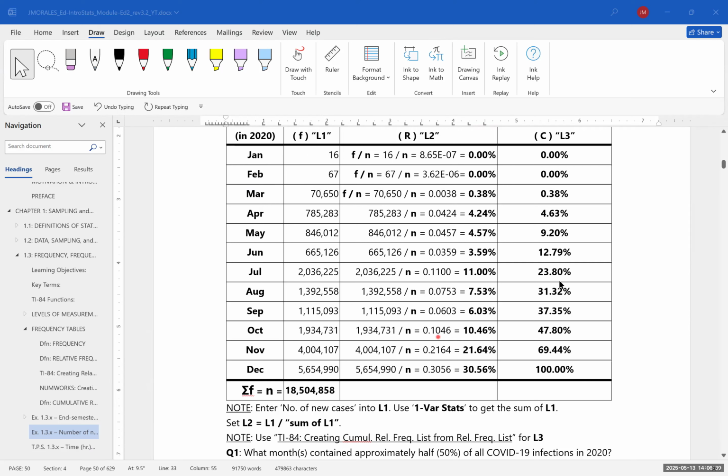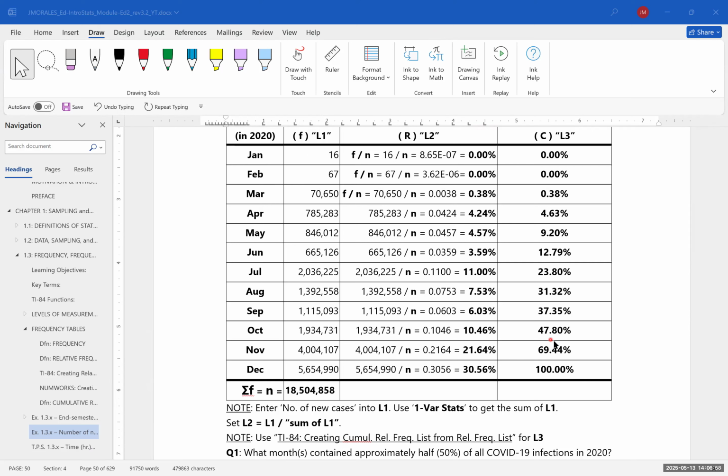We can get that, first of all, by looking at the cumulative relative frequency. As we're going up and adding up all of these relative frequencies, when do we hit about 50%? You can see just after October, right?